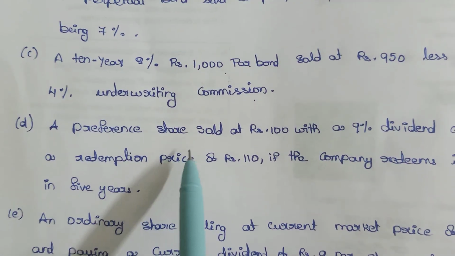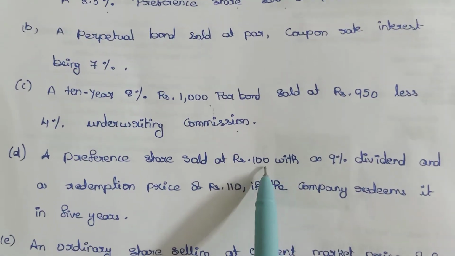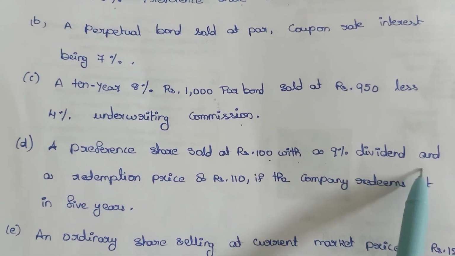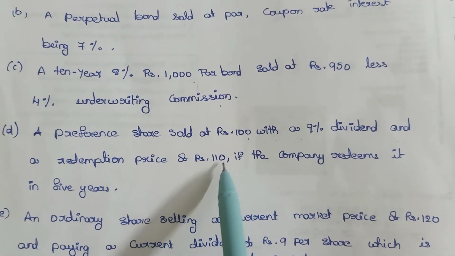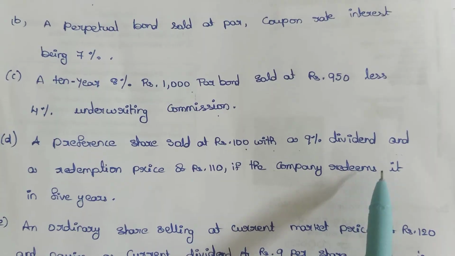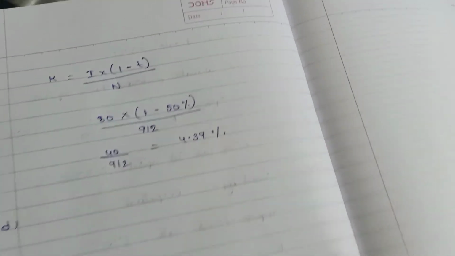Okay, next one, D. In D, they ask about a preference share of rupees 100 with 9% dividend and a redemption price of rupees 110 if the company redeems it in 5 years. They have given the statement like that. How do we calculate it?